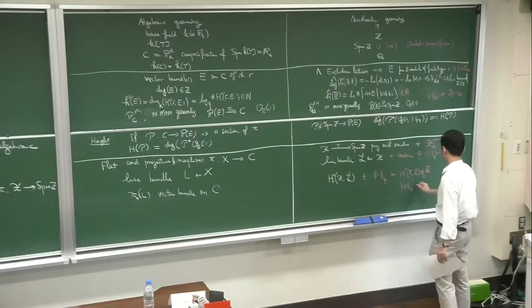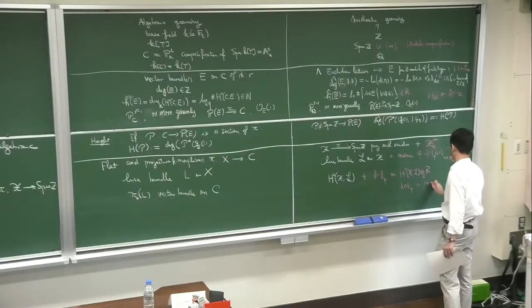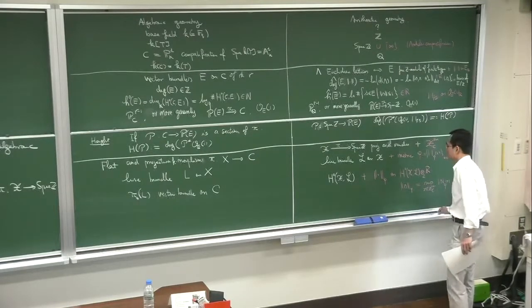You take the norm of s, which is just the supremum of |s|(x) over x in X_C.